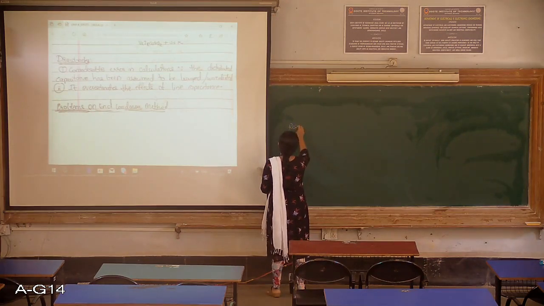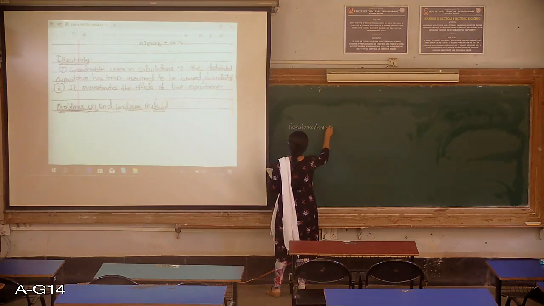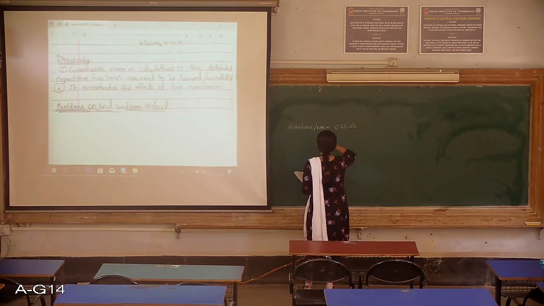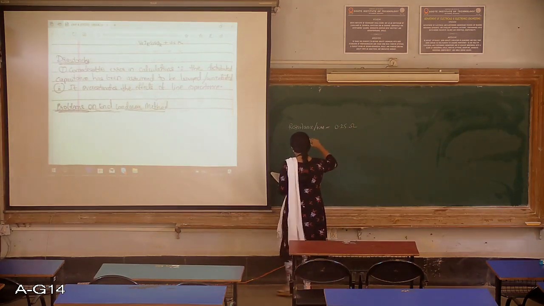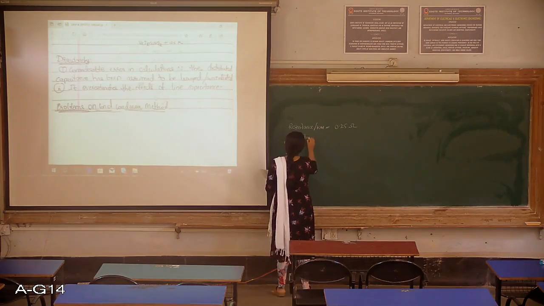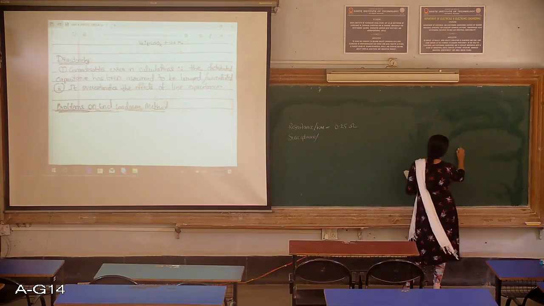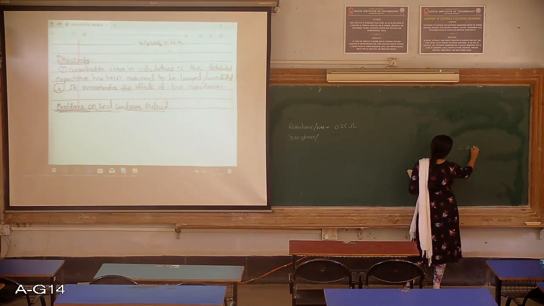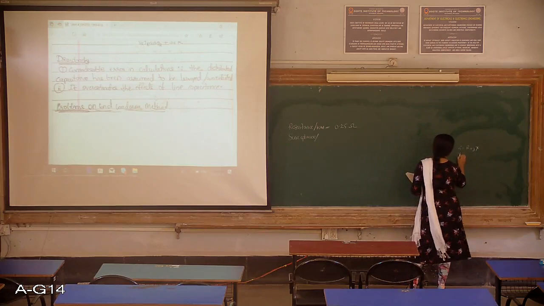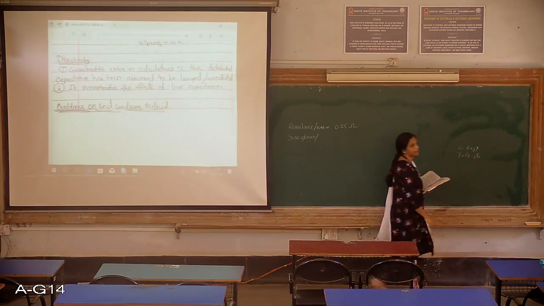They have given the resistance per kilometer as 0.25 ohms. Then susceptance. I want you all to be aware that Z we usually express as R plus jX, so I want you to know what is R and what is X. Then what about Y? Y is G minus jB, conductance and susceptance.